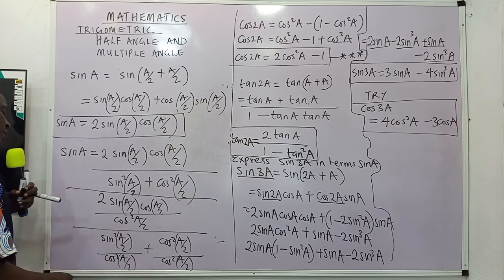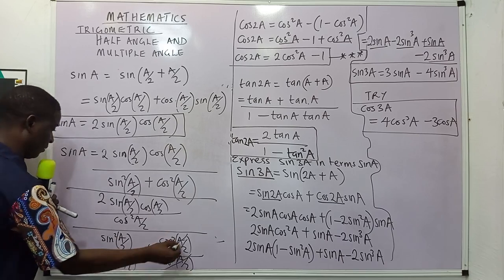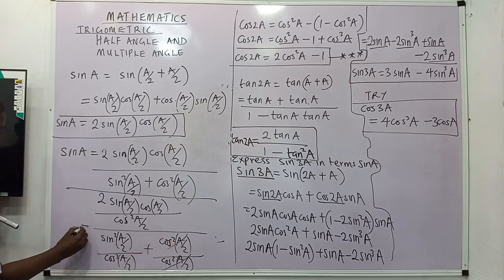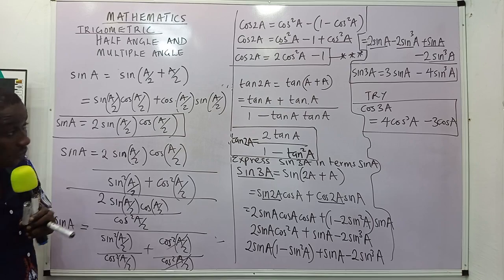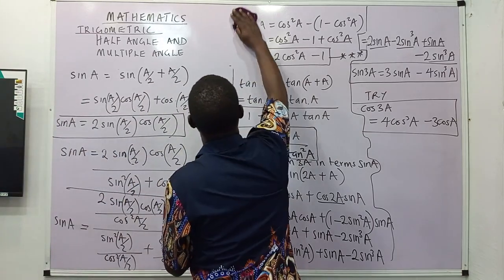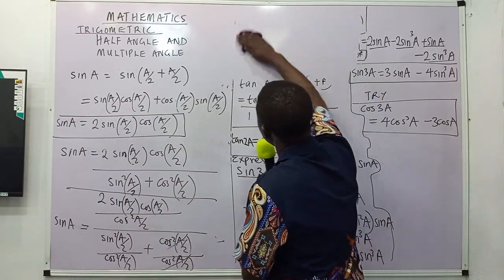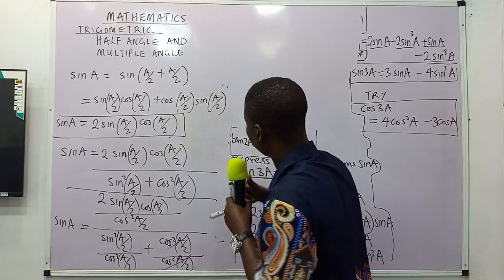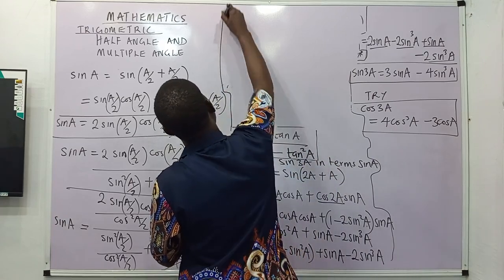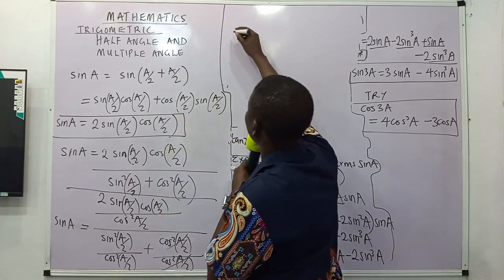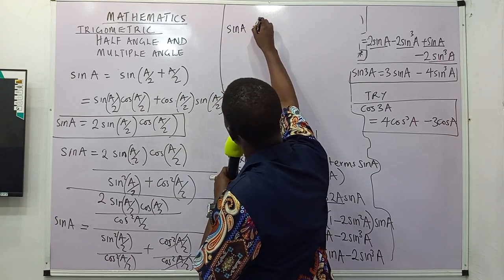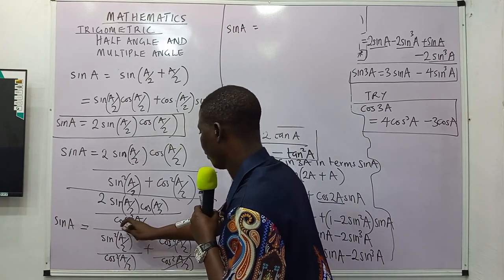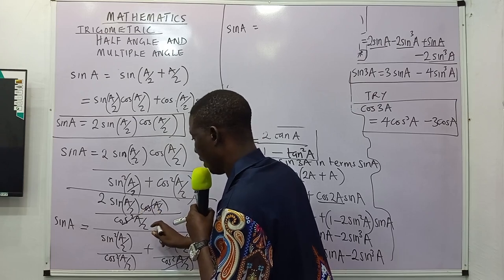So what do we have now? This one will cancel this one. So we are trying to get sine A using half angle. Sine A is equal to, this one will cancel one of the cos A over 2, remaining 1.